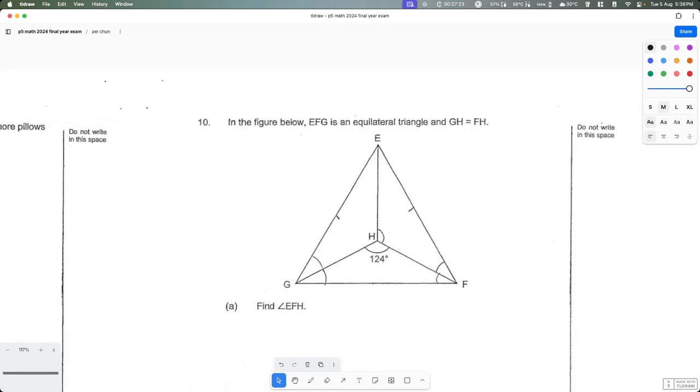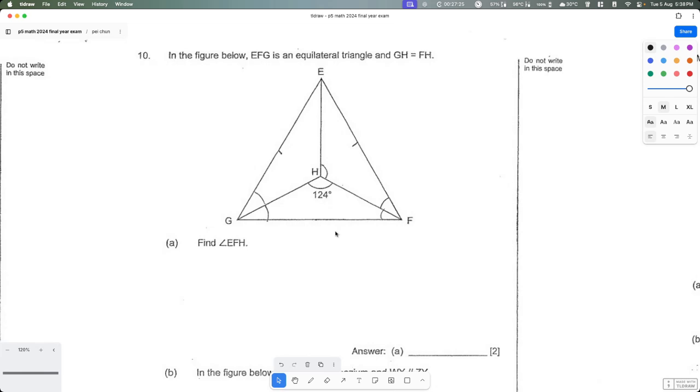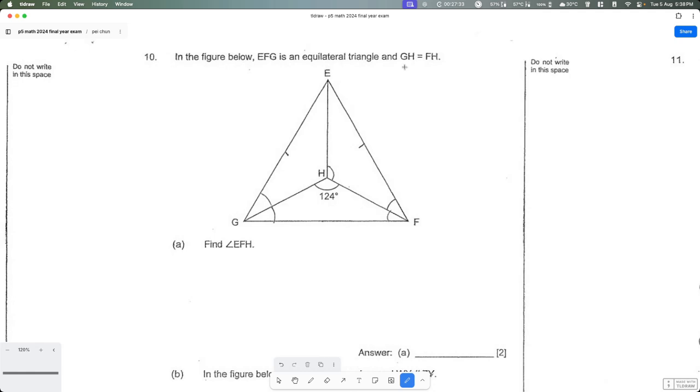So that's part B. Question 10. In the figure below, EFG is an equilateral triangle, and GH is equal to FH. Find angle EFH. Where's E?